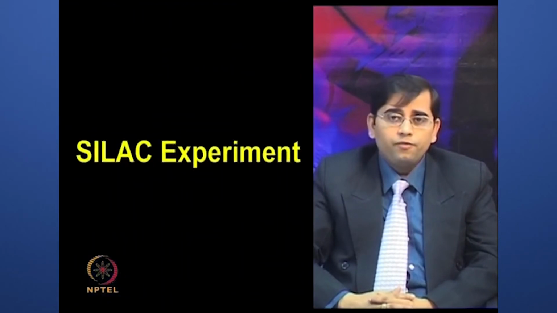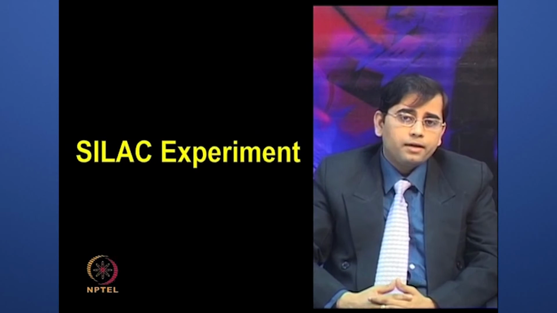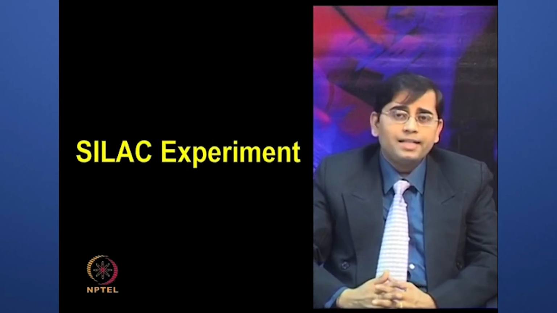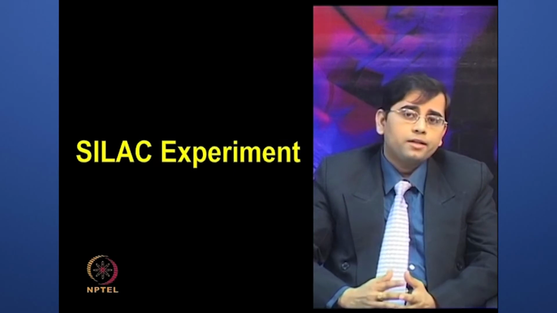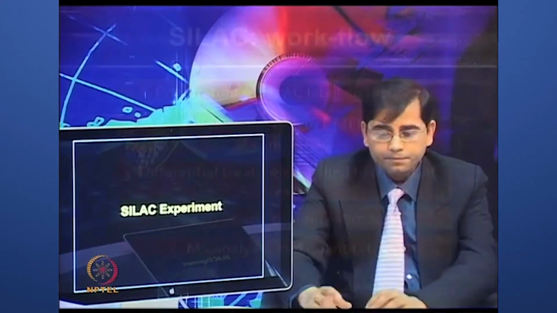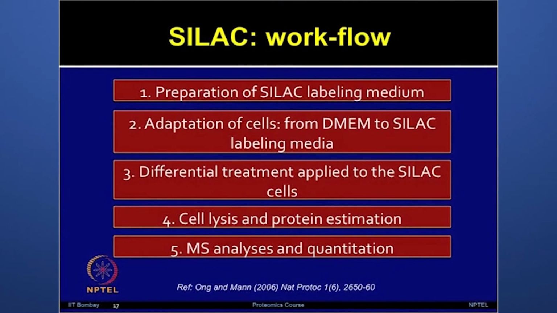So, now we will discuss the SILAC experiment and the workflow to perform it. In the workflow, we will discuss the SILAC protocols and how to incorporate SILAC labels into any given experiment. So, let us have a look at the workflow for performing a SILAC experiment.